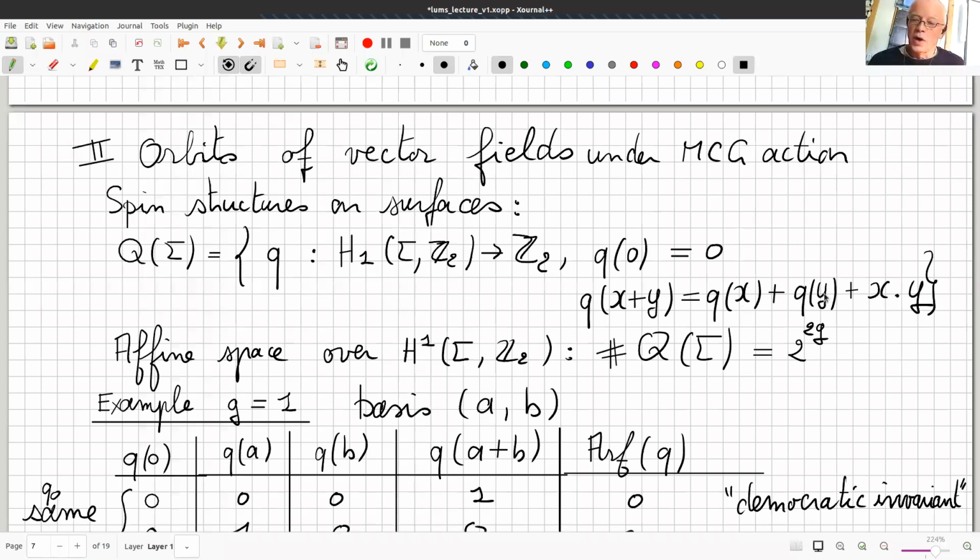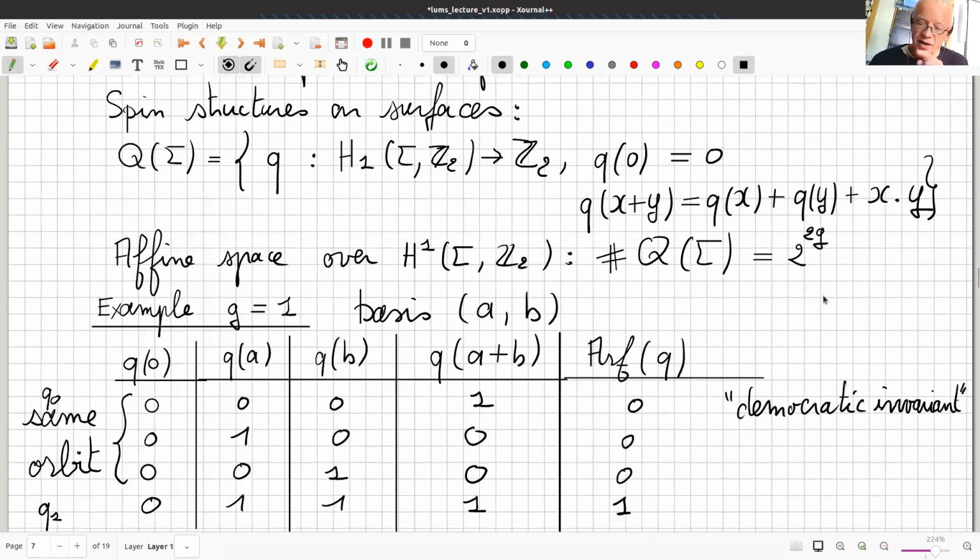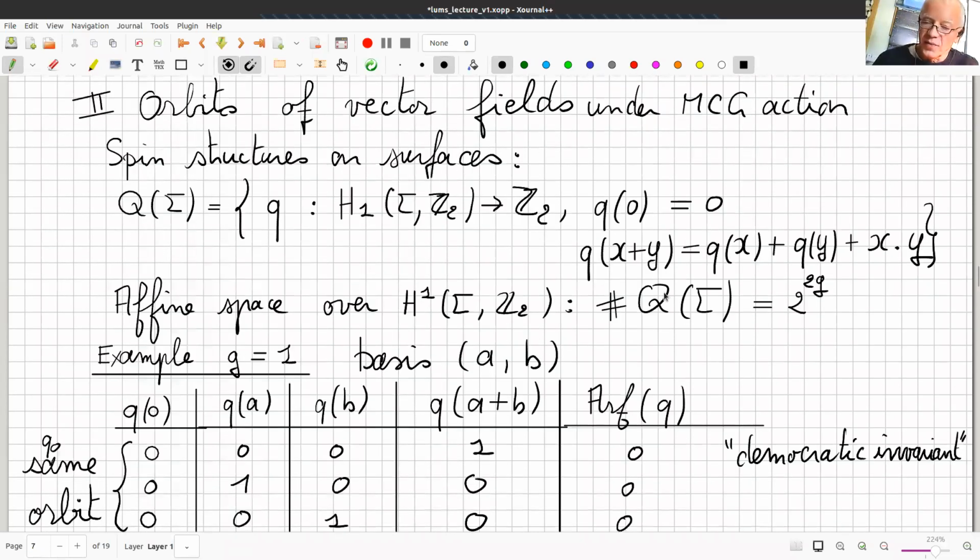I will have an example afterwards. It's also rather elementary that this is an affine space over H1 with Z over 2 coefficients, the same as before.